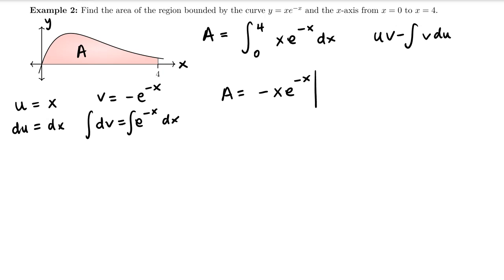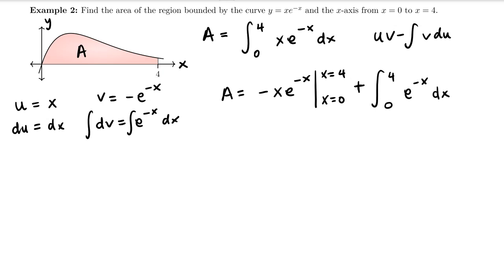And because this is a definite integral, we need to have our limits of integration here. And then minus the integral, and I'm going to copy down my original limits of integration again. And v is negative e to the negative x, so if I factored out that negative, then I'm going to change that to a plus sign. And then du is equal to dx.